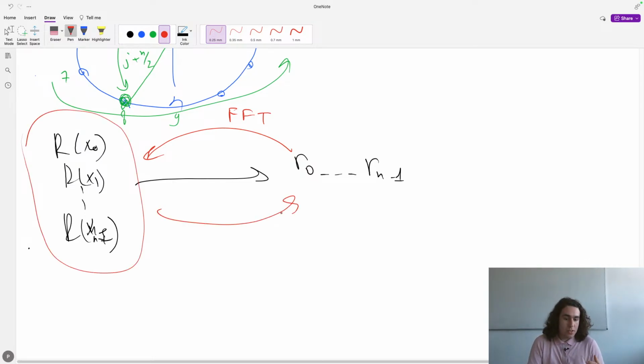So now we just want to do the opposite. So let's just imagine that we did this forward FFT from the known coefficients, and now we just want to undo that. Undoing is very simple. Like if I do a bunch of actions, I can just undo them in the reverse order, right?